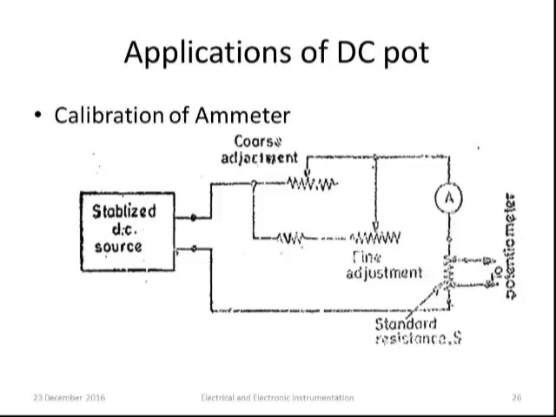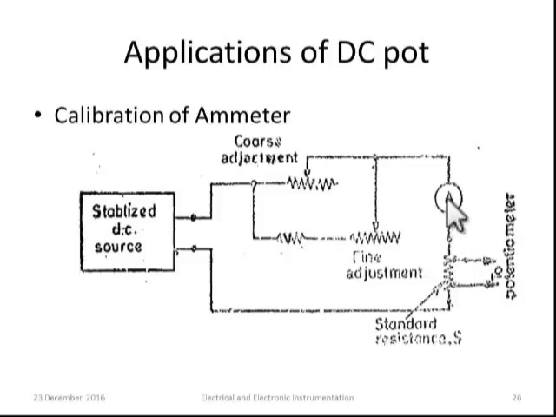Now how exactly are we going to use the potentiometer here to calibrate the ammeter? Let us see that. There is a current flowing through the ammeter. It reads some magnitude, for example 1 ampere. The same 1 ampere is going to flow through this standard resistance.